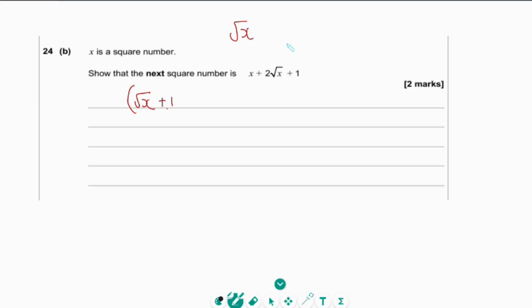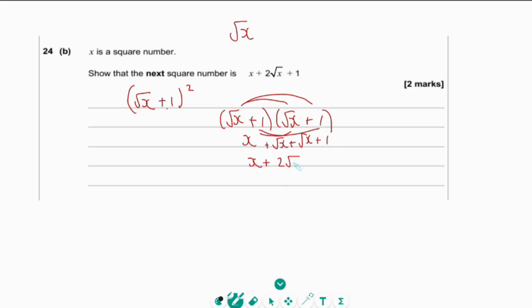If root x is a number, the next consecutive number is root x plus 1. You need to square it: root x plus 1 times root x plus 1 gives you x plus root x plus root x plus 1, which gives you x plus 2 root x plus 1.